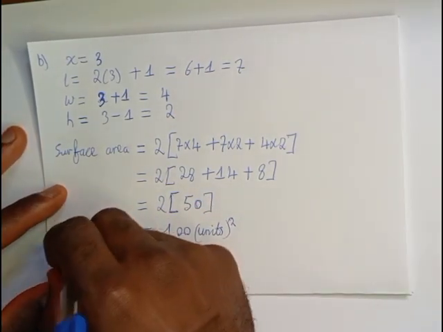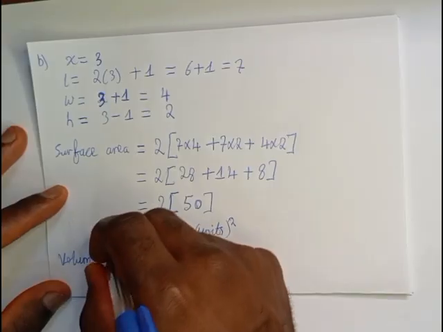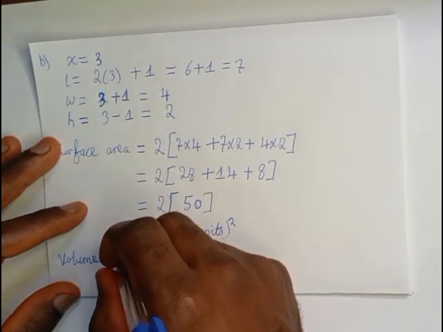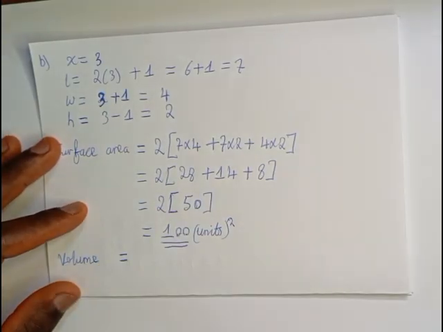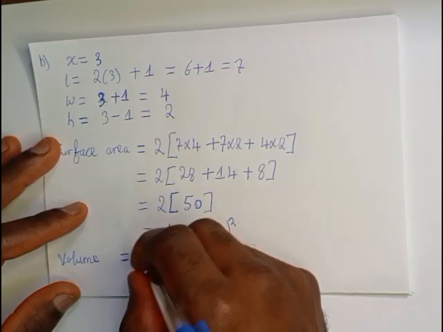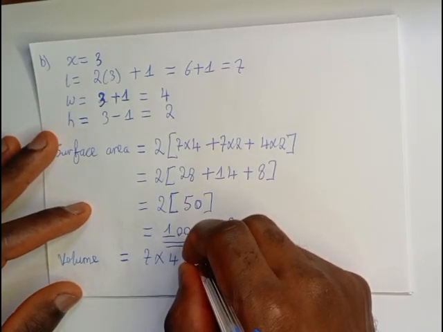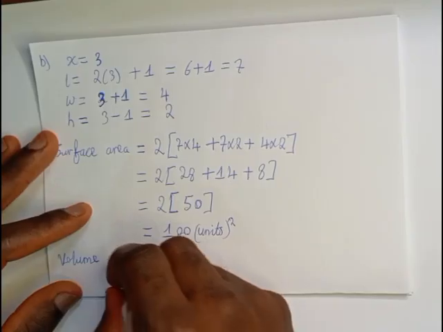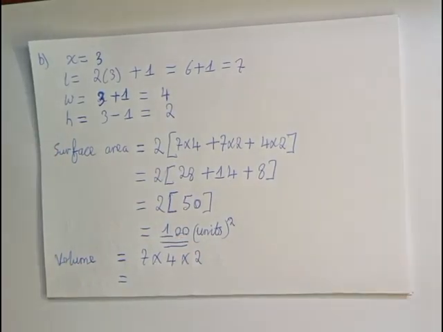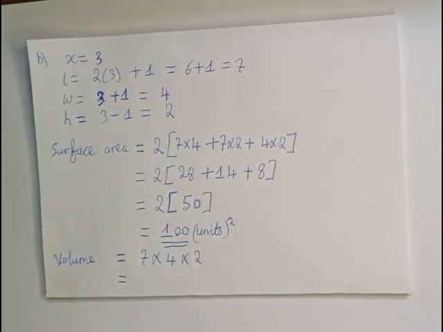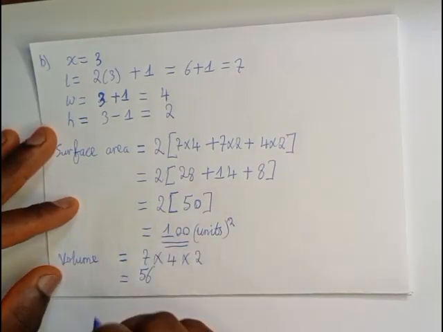Next, we need the volume. Volume will simply be equal to, we are going to take the length 7 times the width 4 times the height 2, and this will be equal to 7 times 4 gives us 28. 28 times 2 gives us 56.